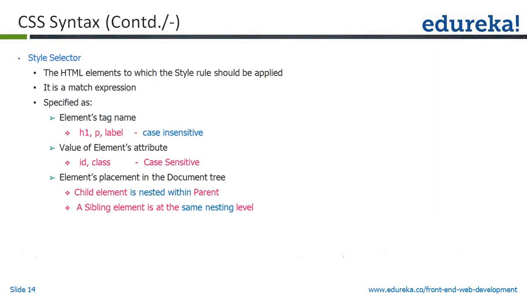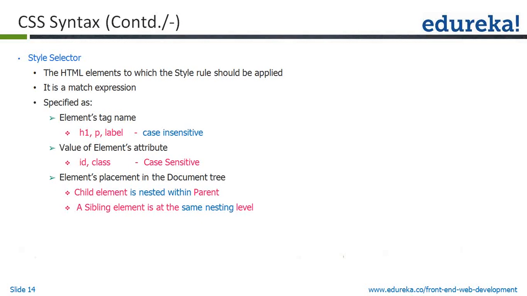CSS basically has what are called CSS rules. In a CSS rule or CSS declaration, you have what is called a selector and a declaration block. The selector uniquely identifies or selects the HTML element present in the HTML file.